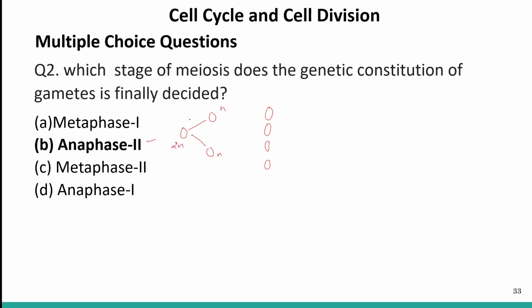After meiosis 1 it is haploid. And these cells undergo meiosis 2, known as the equational division, which gives rise to 4 unique haploid cells. The genetic constitution of the gametes is finally decided at the anaphase 2 stage of meiosis.